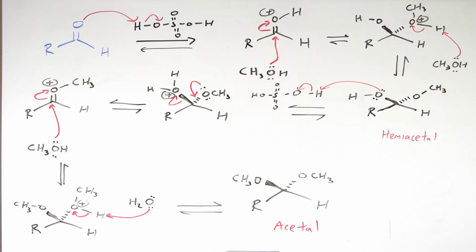Because you've beaten it by numbers. Reversibility is going to require that water that was displaced in this step come back in. If you're using methanol as the solvent, the odds here are several hundred to 1.